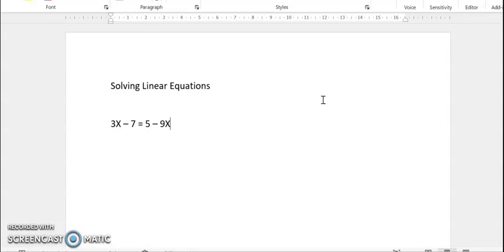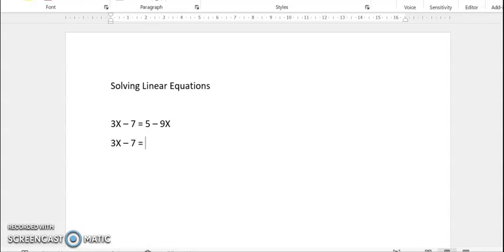Okay, so if you have a negative 9x, by adding 9x to that side of the equation, minus 9x plus 9x washes that out. It clears it out. But whatever you do to one side, you have to do to the other. So if we add 9x, I'm going to rewrite the equation so I can keep the original one there.